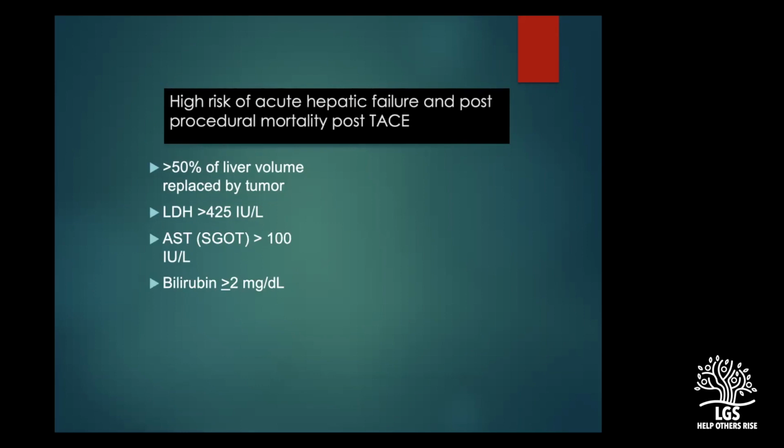The literature says that with bilirubin of more than 2, you're not supposed to do this, but I still go ahead and do it, because we have really small microcatheters and we can be very, very super selective. I think the individual abnormalities of these parameters have not been shown to predict the adverse outcomes of chemoembolization.